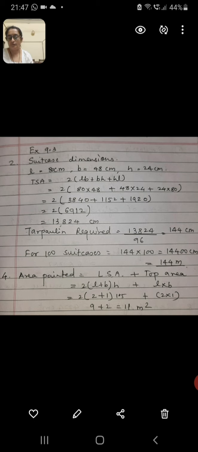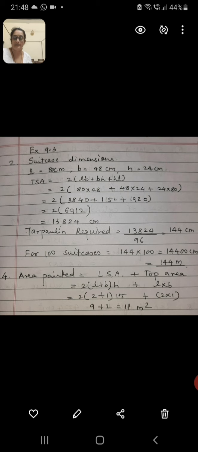We are going to do the second sum first. The second sum is: a suitcase which measures 80 centimeter into 48 centimeter into 24 centimeter is to be covered with a tarpaulin cloth. How many meters of tarpaulin of width 96 centimeter is required to cover 100 such suitcases? Now a suitcase is there.